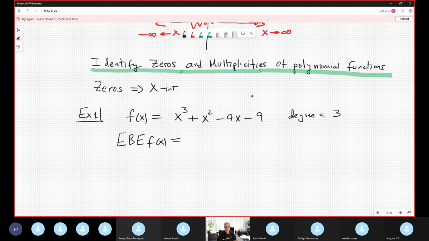What is the dominant term? What is the term increasing faster? Remember, end behavior means x approaches positive infinity and x approaches negative infinity. This is the idea behind the word end behavior. So when x is a huge number, what is the part of the polynomial that controls the increasing? Minus 9, no, this is constant.